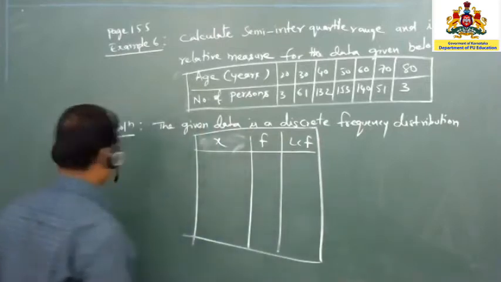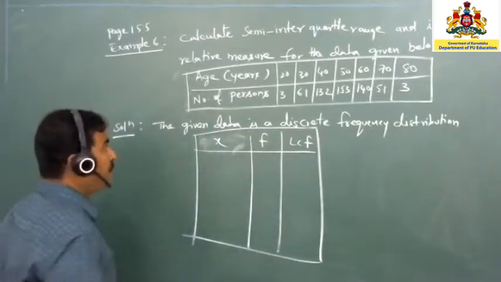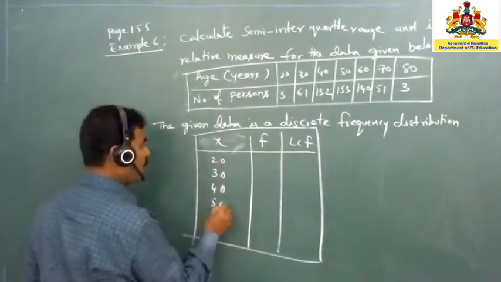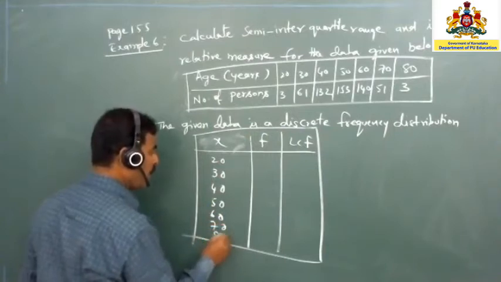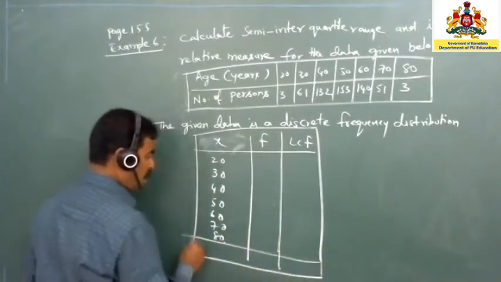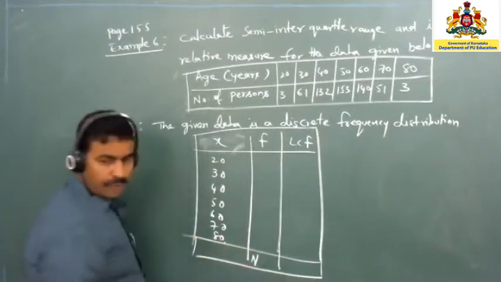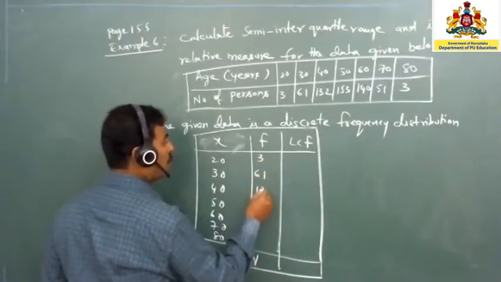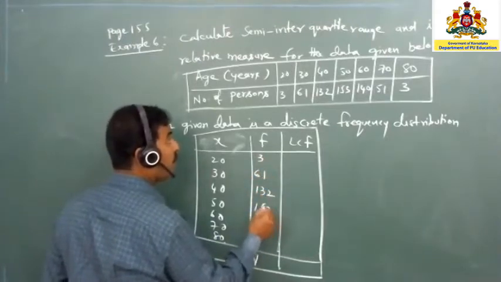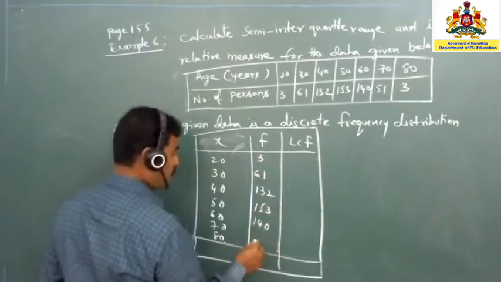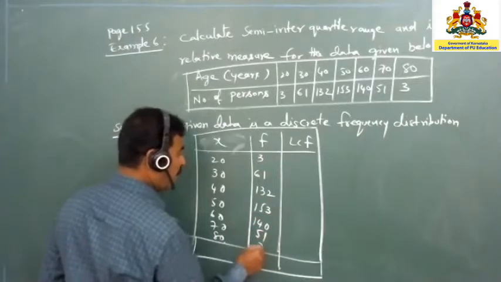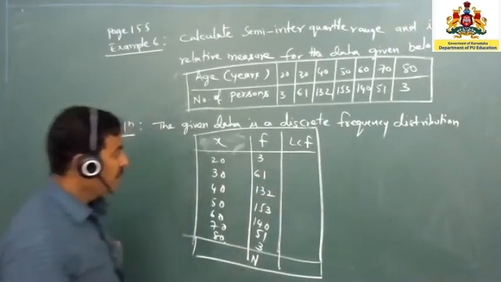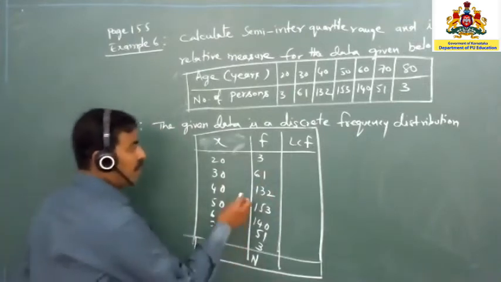So x, f, LCF. X values 20, 30, 40, 50, 60, 70, 80, and total here it is n. Frequencies are 3, 61, 132, 153, 140, 51, 3. Cumulative frequencies: you know how to find the cumulative frequencies for the given data.